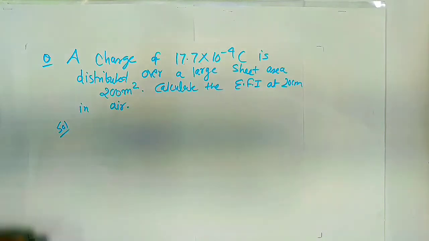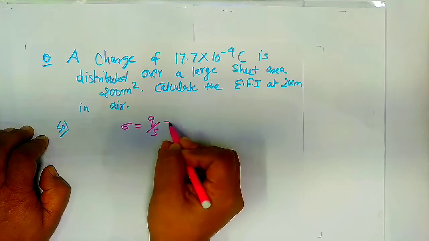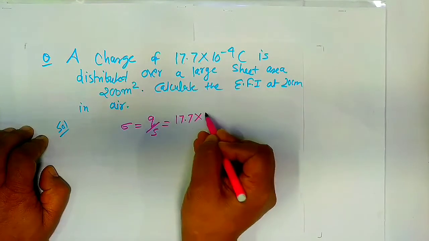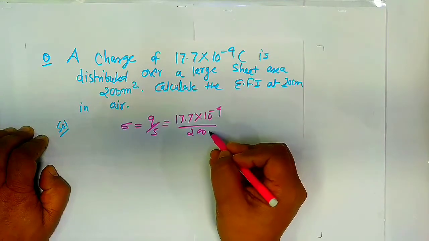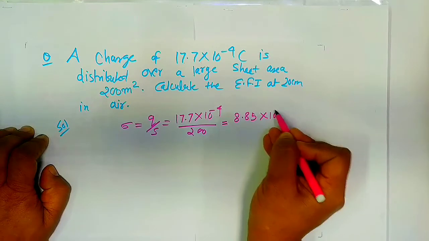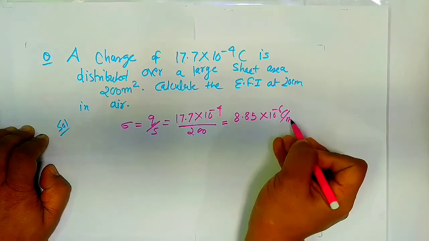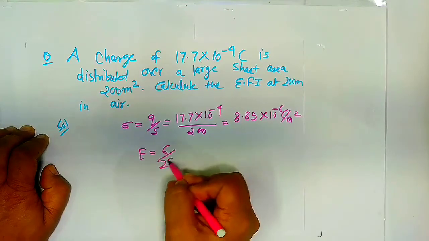So how are we going to calculate it? We know that sigma is Q by S. So 17.7 into 10 to the power minus 4, S is 200. If we calculate it, it comes to 8.85 into 10 to the power minus 6 coulomb per meter square. Then electric field, directly we know the formula, sigma by 2 epsilon naught.